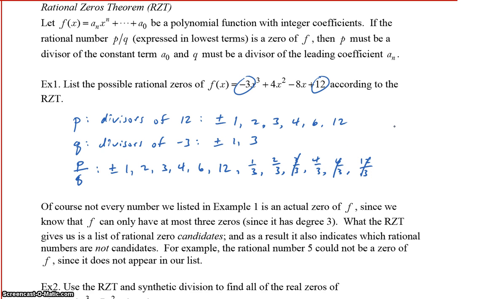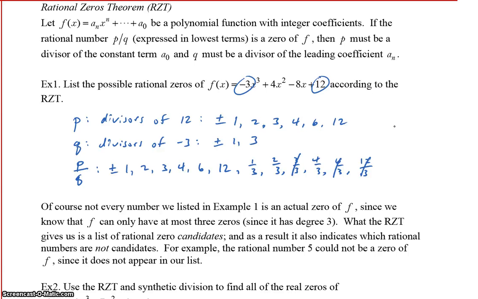So counting what we have left, we have 6, 7, 8, 9. It's actually 18 possible rational zeros of this function. That's the 1 through 12, 1/3, 2/3, and 4/3, plus or minus. So there's twice as many as what we've listed if you include both the positives and the negatives.